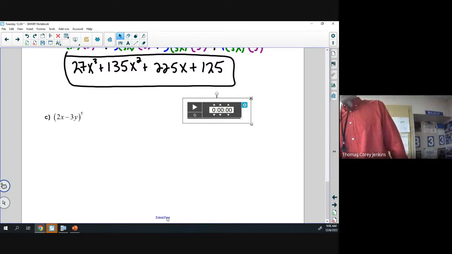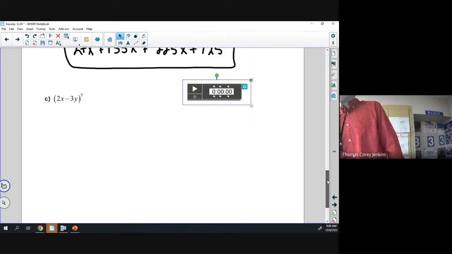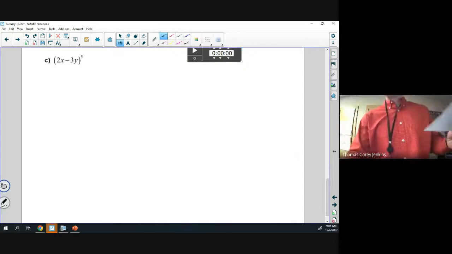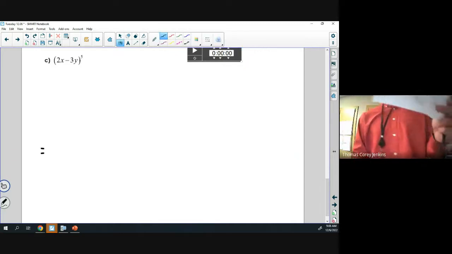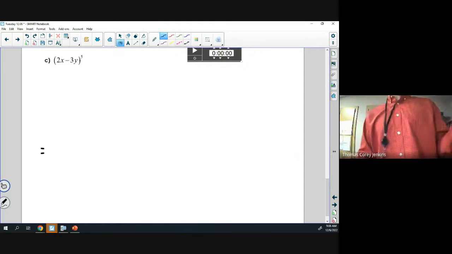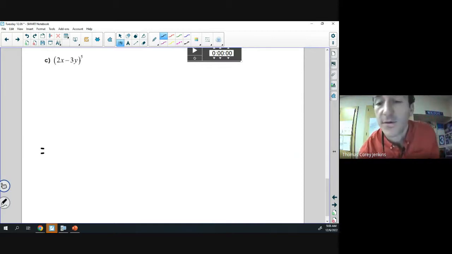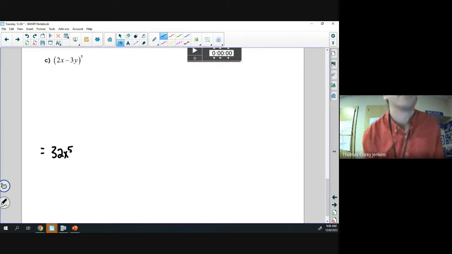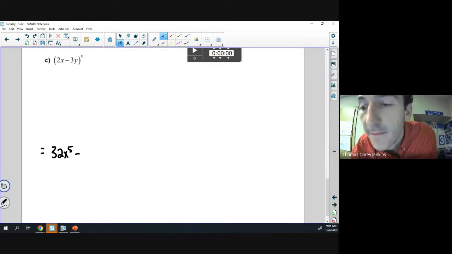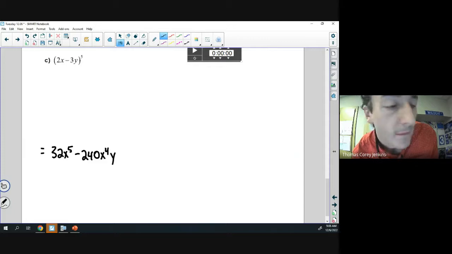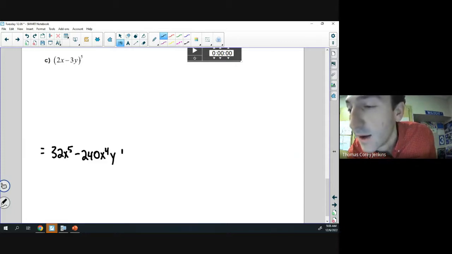All right, so the answer, and you know you've got it if you've got the answer, is, let's see, it's going to be 6 terms, right? So it starts with 32x to the 5th. Next term is minus 240x to the 4y. The next term is plus 720x cubed y squared.